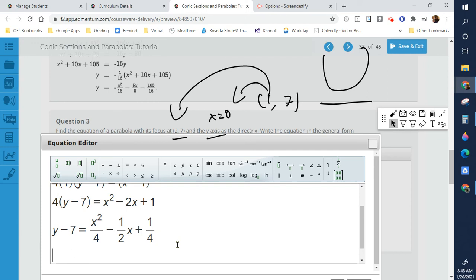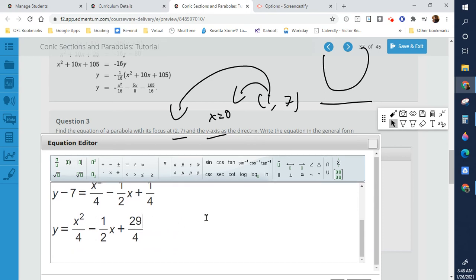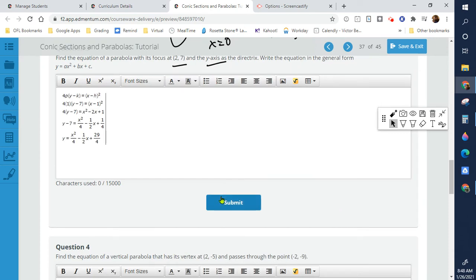I'm going to copy it, but I'm going to get rid of this minus 7. I'm going to add 28 over 4 to both sides. So that means it's 29 over 4. All right, cool. And let me submit this.